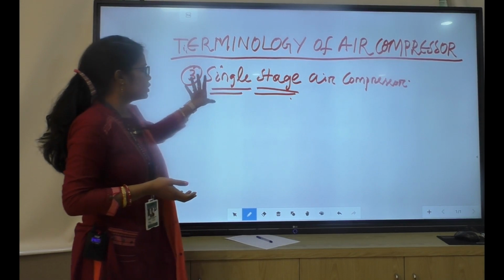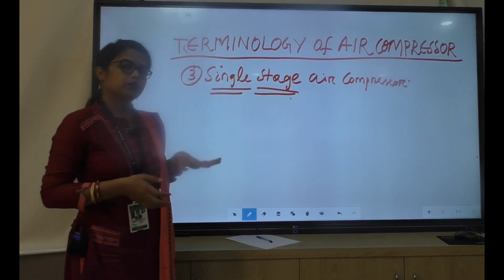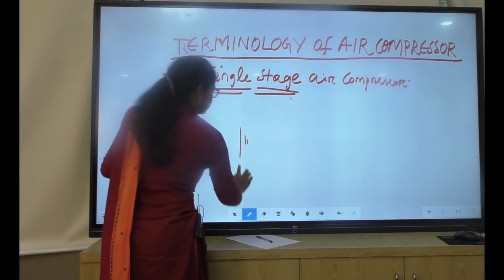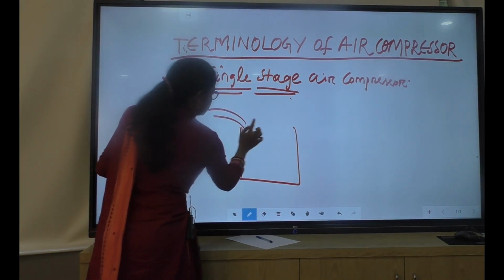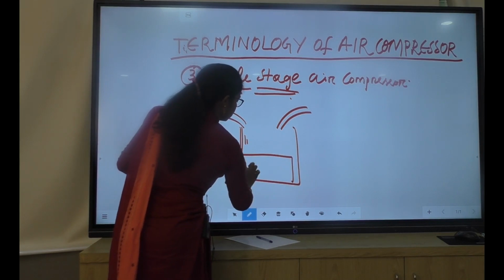Single stage air compressor means all the compression process is happening in a single cylinder. Suppose this is the cylinder and air is entering, and here air is leaving, and this is the piston.